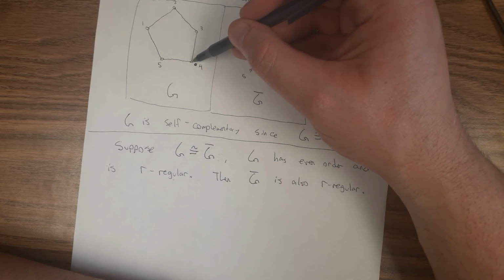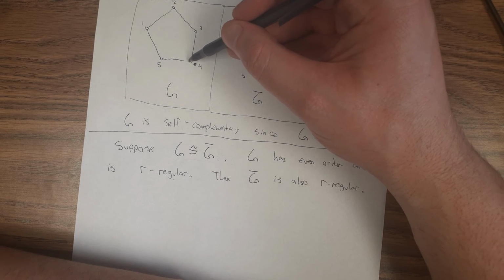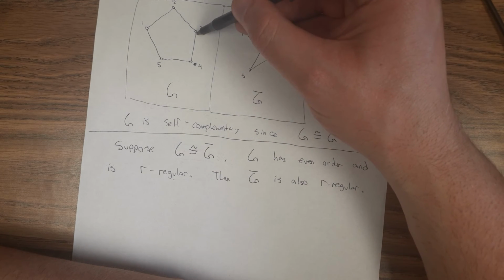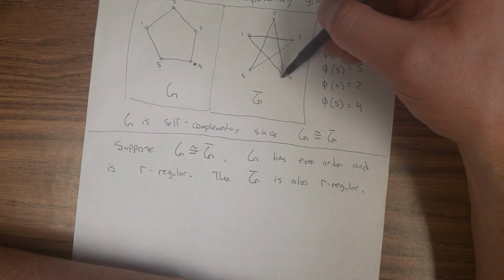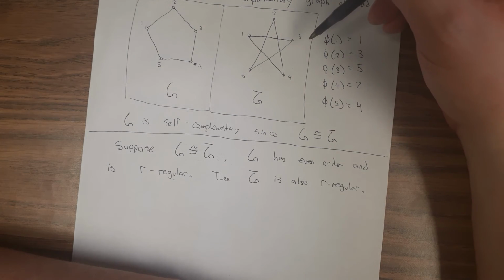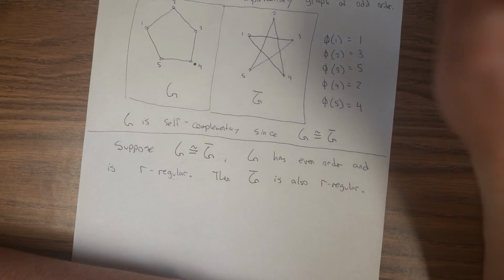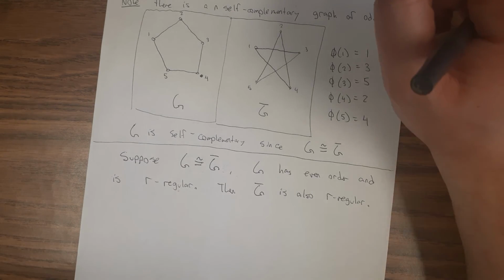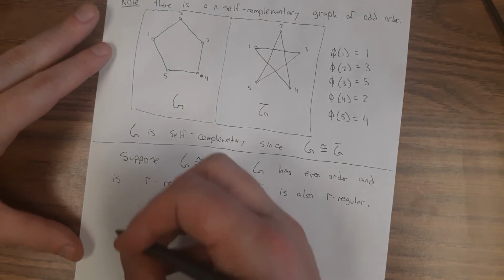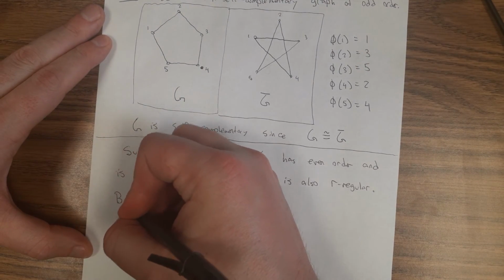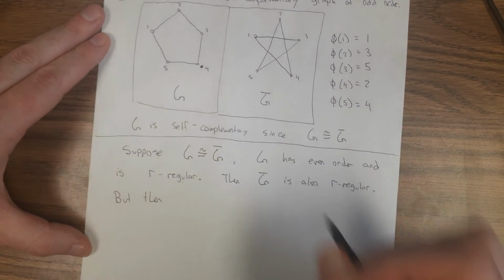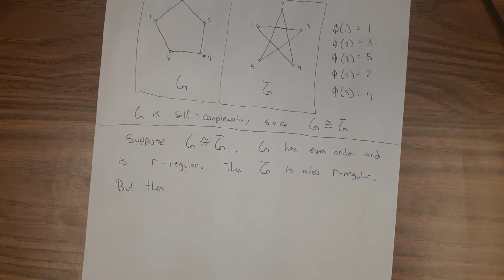Like, let's look at the neighbors of, say, the vertex 4. Over here, it's 3 and 5. Over here, it's 1 and 2. And so that's everything. So basically, here's what I'm saying.